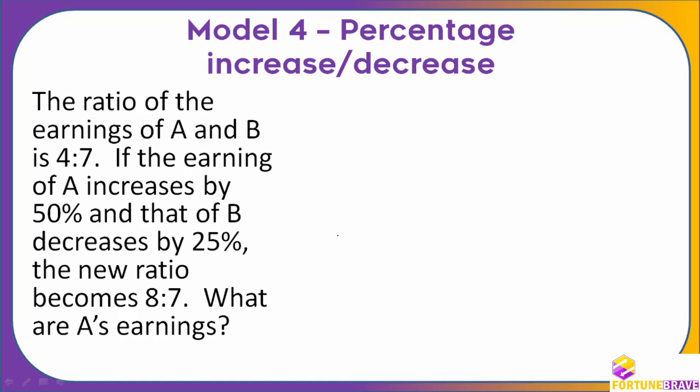Next question is in front of your screen, my dear friend. The ratio of the earnings of A and B is 4 is to 7. If the earning of A increases by 50% and that of B decreases by 25%, the new ratio becomes 8 is to 7. What are A's earnings? Now try to understand.